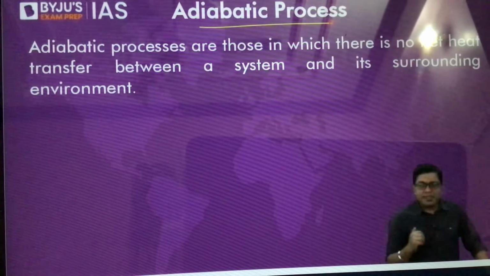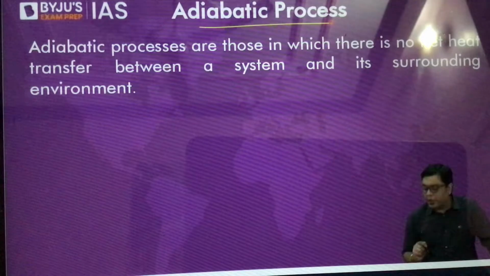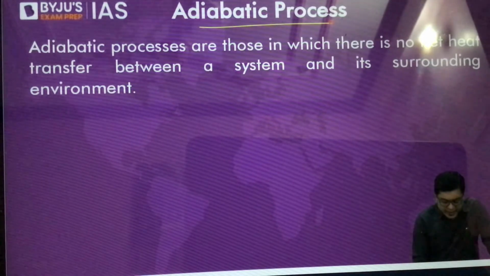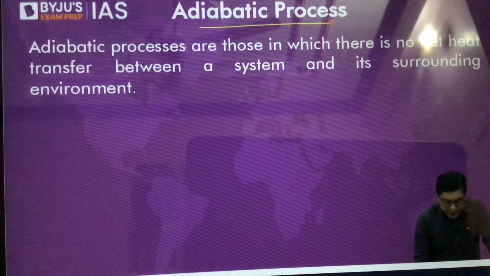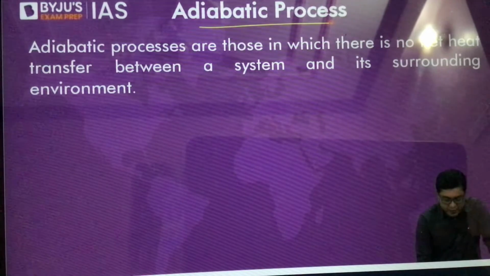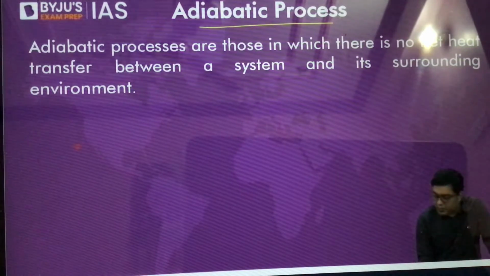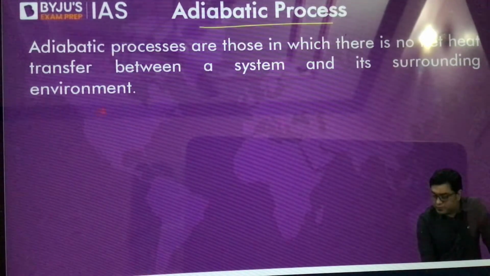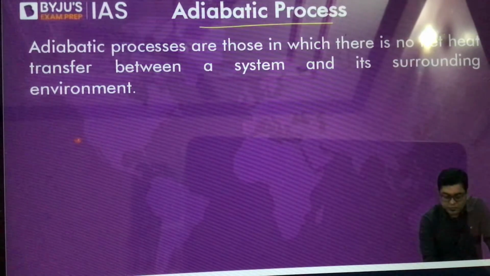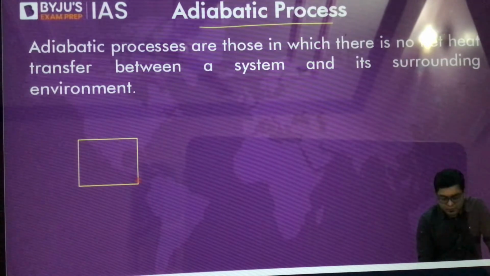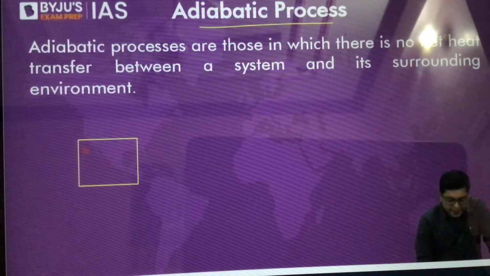So let us understand the basic principle from the molecular level, and then we will understand the definition aspect of it. So let's assume you have a parcel of air.